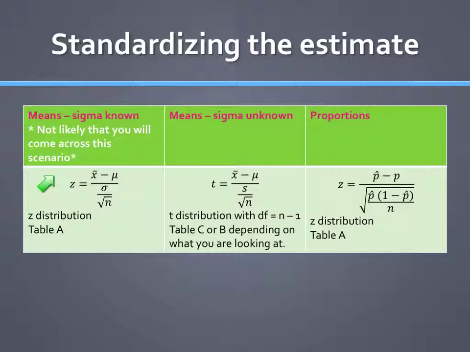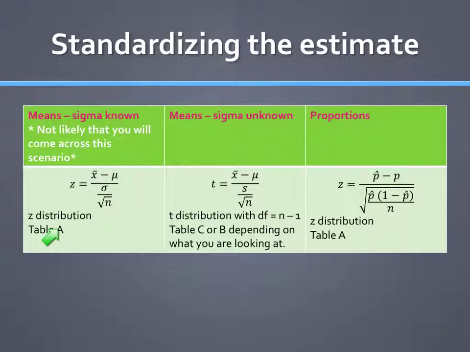And so just as we had for confidence intervals, the only reason you would use a z distribution for a means problem is if sigma was given to you. In any case, if it does come up, this is how you're going to find your standardized estimate. You'll take your sample mean minus the suggested mean for the population, divide it by the adjusted standard deviation, or the standard error from the sampling distribution. You would then take that z-score and use table A to look up the probability associated with it.